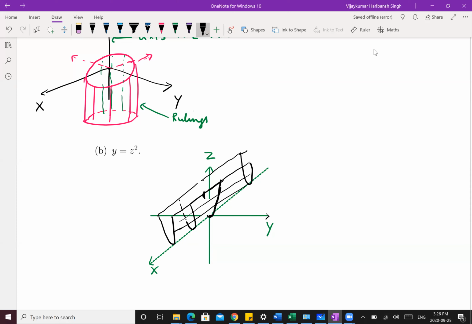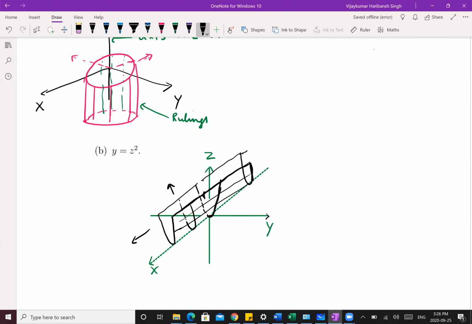So these are the rulings on this side, and as we can see, this is also a cylinder. It keeps on going in this direction forever and also up. So y equals z squared is this big thing, right?